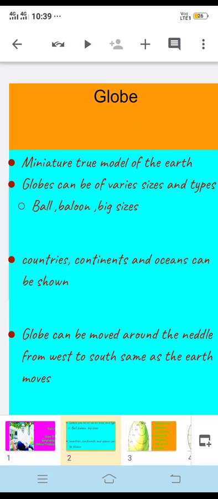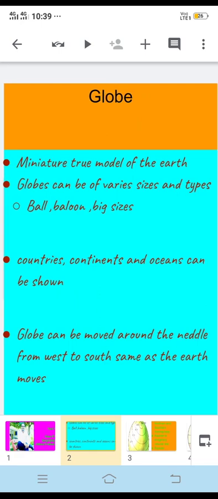The next point is that globes can be of various sizes and types. The size of a globe can be different, like a small ball, which can easily be carried anywhere. Then it can be the size of a balloon.